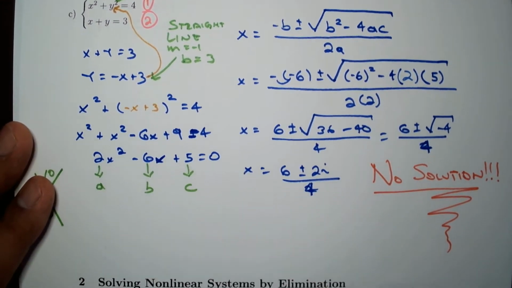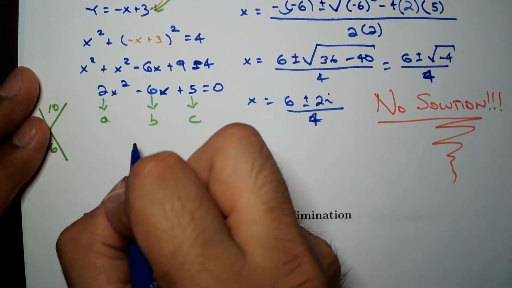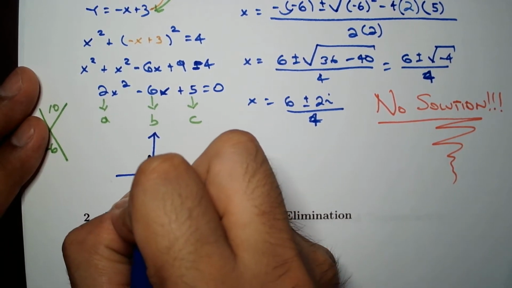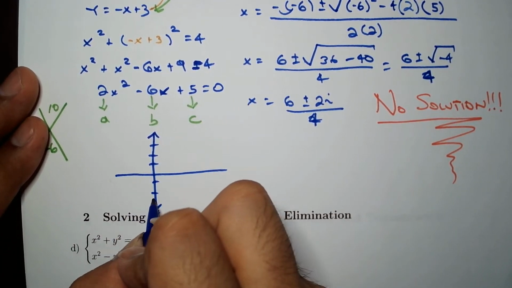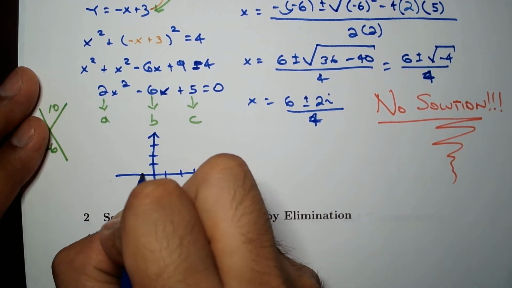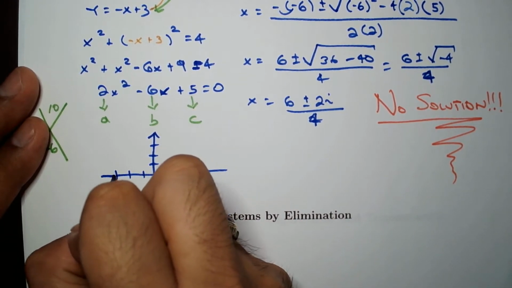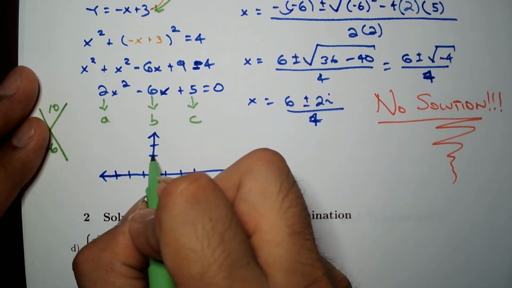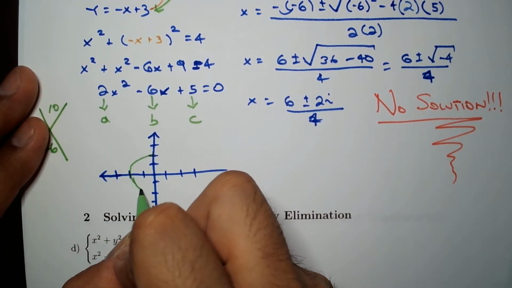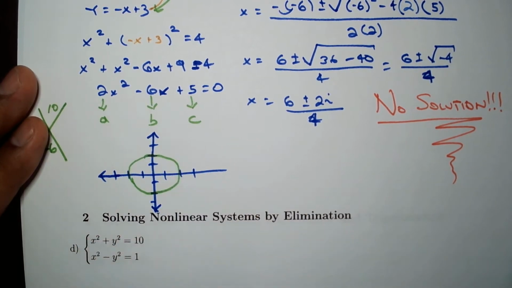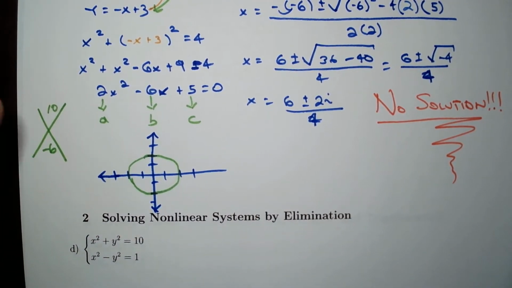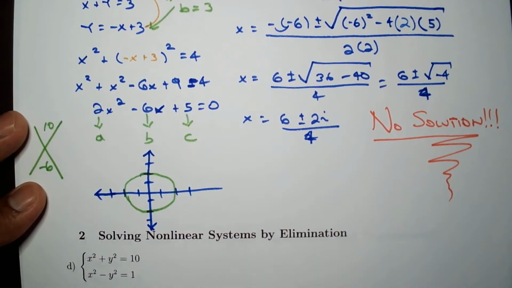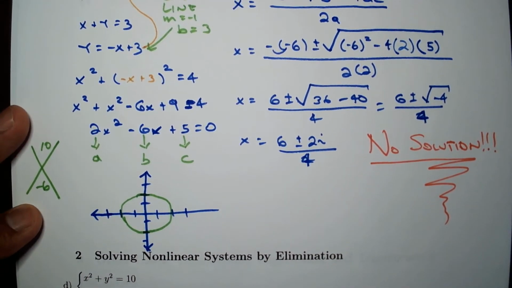Let's plot those two. Alright, so what do we have? Well, the circle of radius 2 is going to look like this. It didn't come out perfectly, but that's basically the picture. And then the line y equals negative x plus 3.